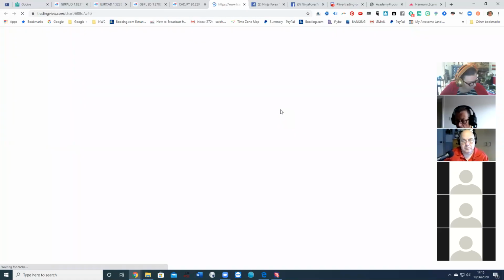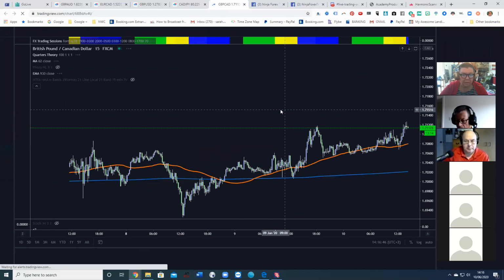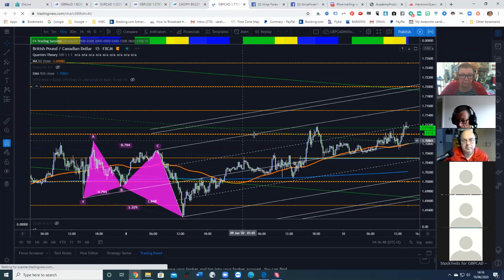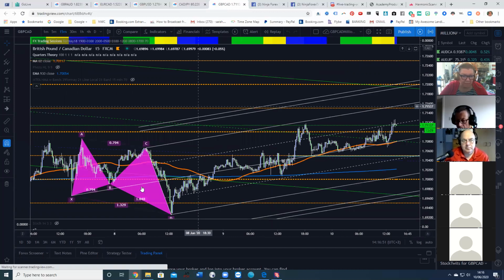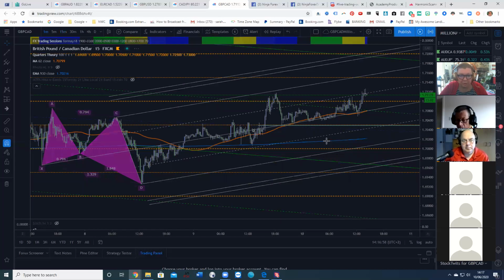GBP CAD. Fast moving pair, like all the GBP ones are. So at the moment it's playing into this scan from the 8th of June. Oh, that's the 15-minute chart. Let's come to the 1 minute.